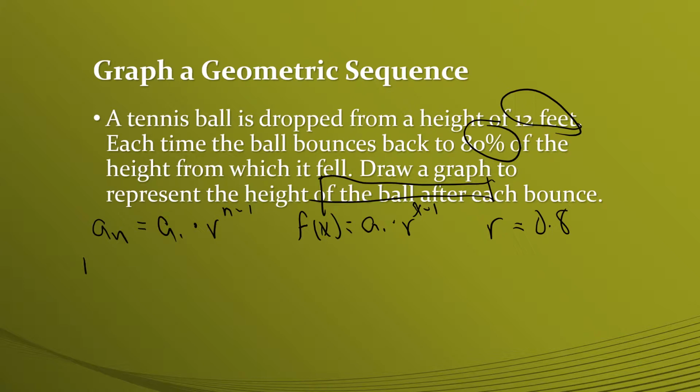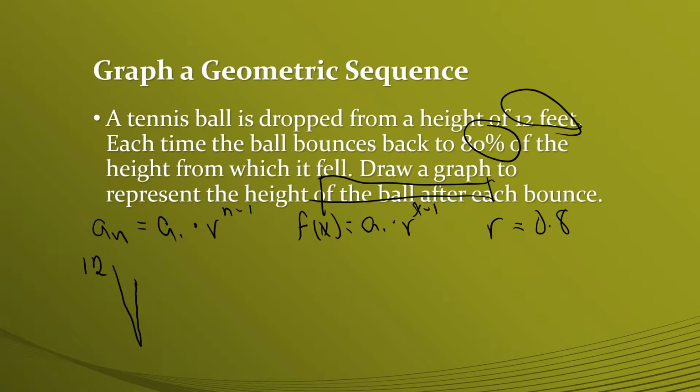So here let's say we've got the tennis ball. It's up here at 12 feet, and it is dropped, and it bounces back to about 80%. But notice here it says draw a graph to represent the height of the ball after each bounce. And that means I've got to figure out what the height of the ball is after the first bounce.